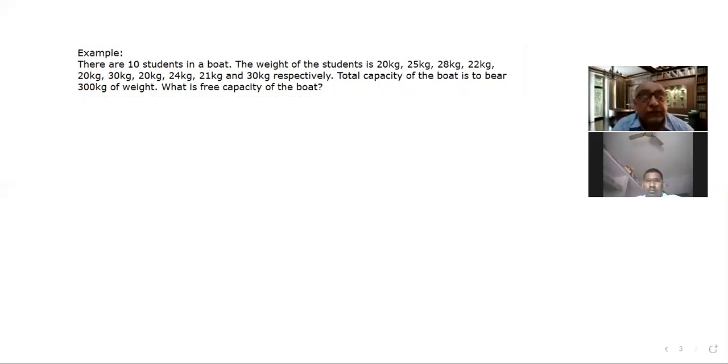So as far as solving this question is concerned, we may solve this question in two different ways, right? One way is in terms of free capacity in absolute number.